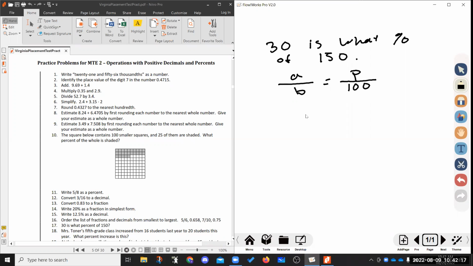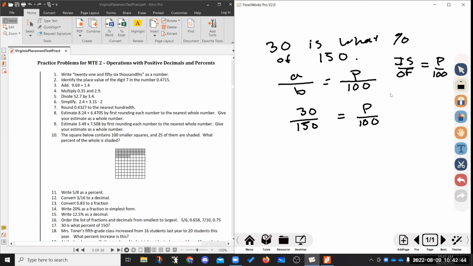I'm going to call it X. So we're going to say that 30 is what percent of 150. So the base here is 150. That's the number that we're saying 30 is what percent of. I know some textbooks like to write it this way. I'm going to write it just because our textbooks do this.